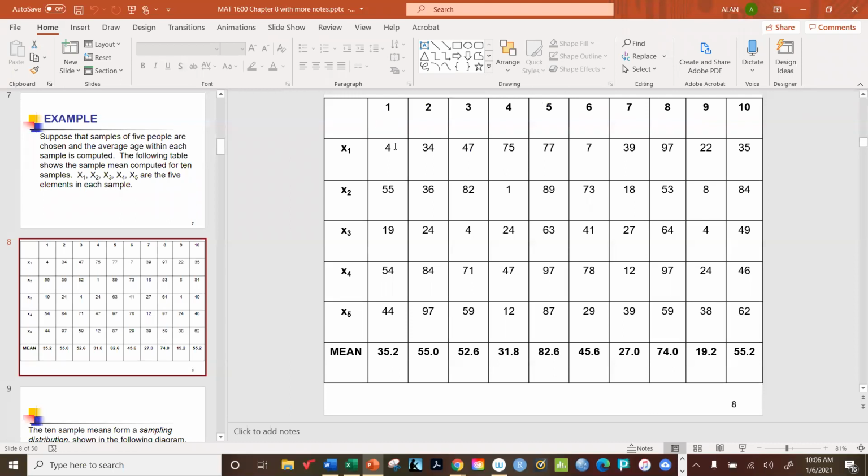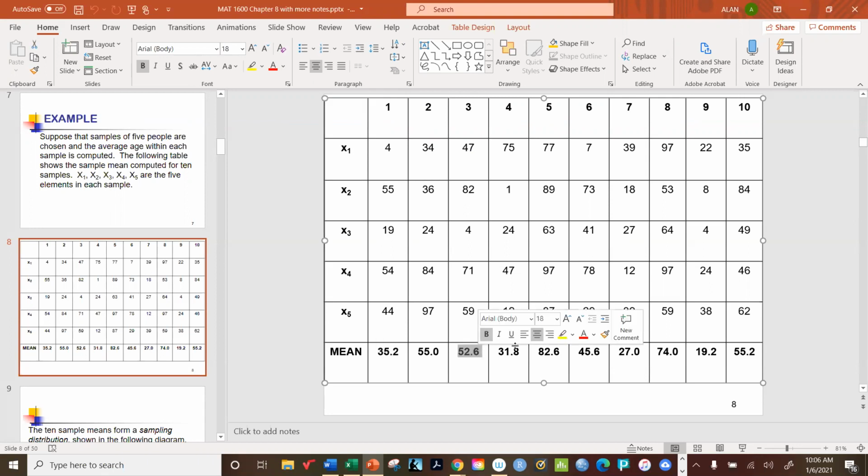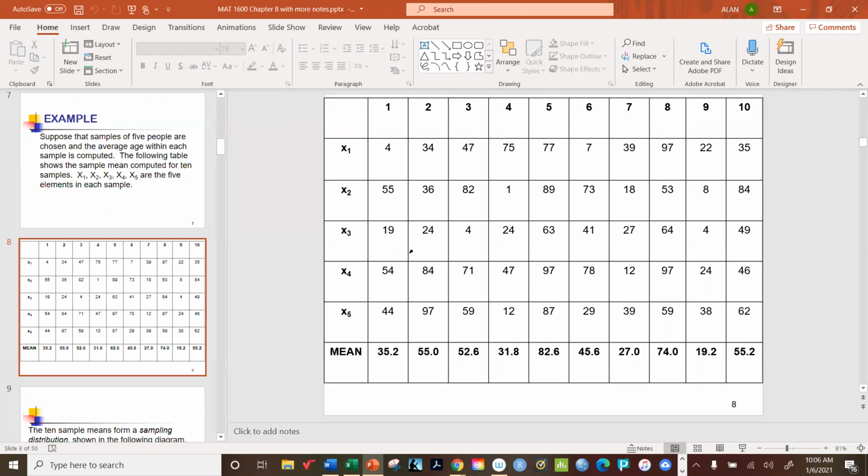In the first sample, you can see the average age turned out to be 35.2 based on these 5 ages. The second sample turned out to be 55, and then in the third sample it was 52.6. So the key detail here is that from one sample to the next, the means are going to be different from each other. In this example, they can be quite a bit different.